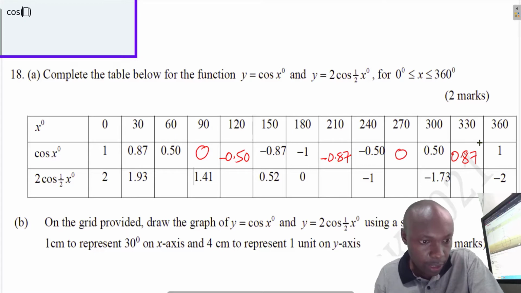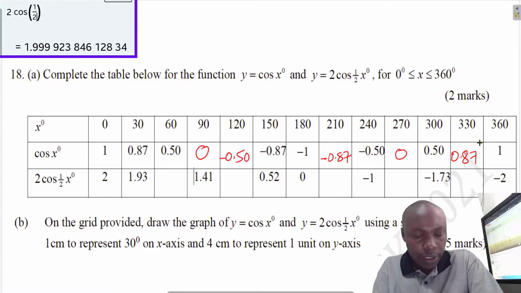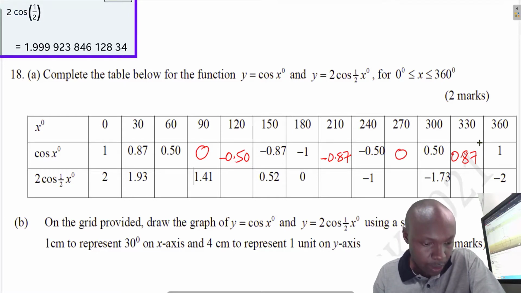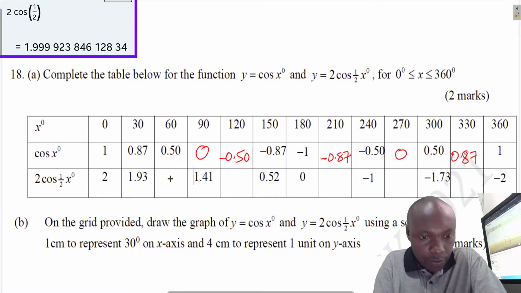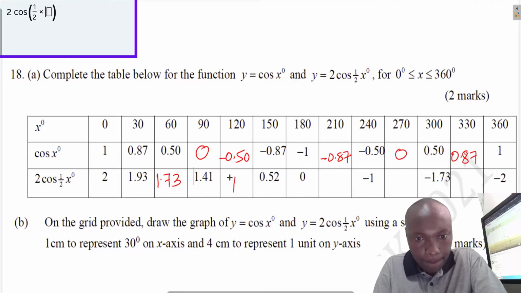Let's go now to the second row, where we have 2 cosine half of x. When x is 60, we get 1.73. When x is 120, that will give 1.